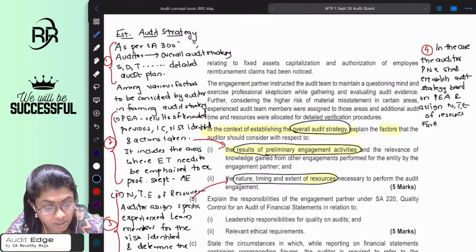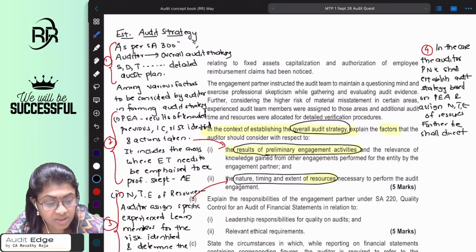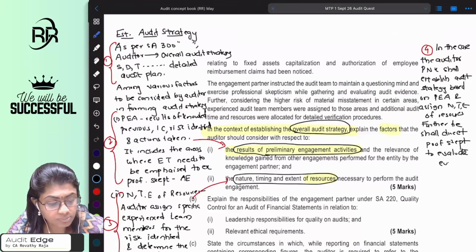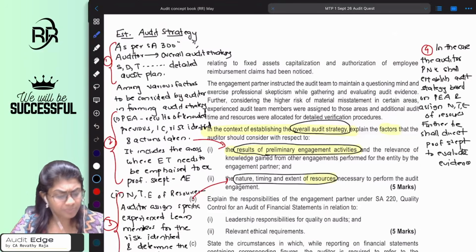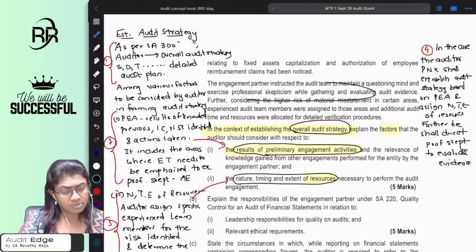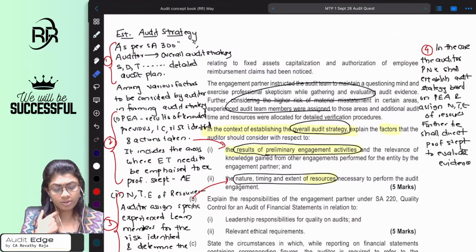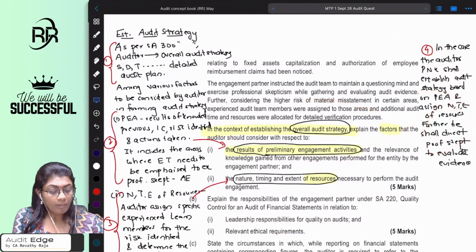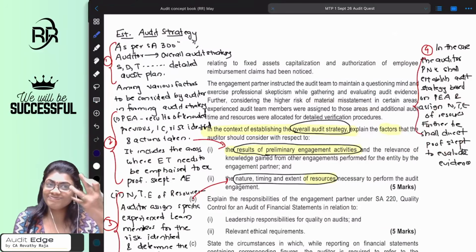Further, he shall direct the team to maintain professional skepticism to evaluate evidence. So this you will get from here. In the given case, that particular point you will get from here. So that should be the last part. We're done.